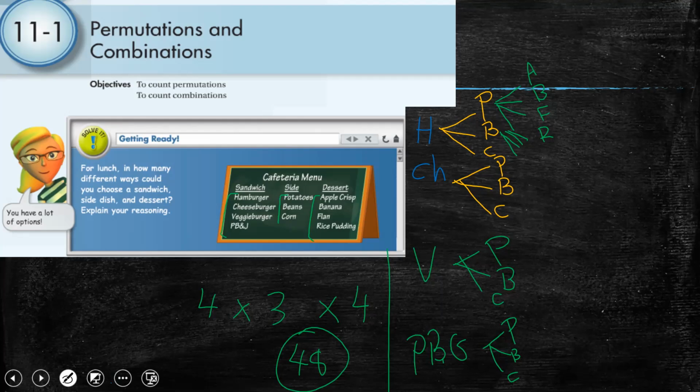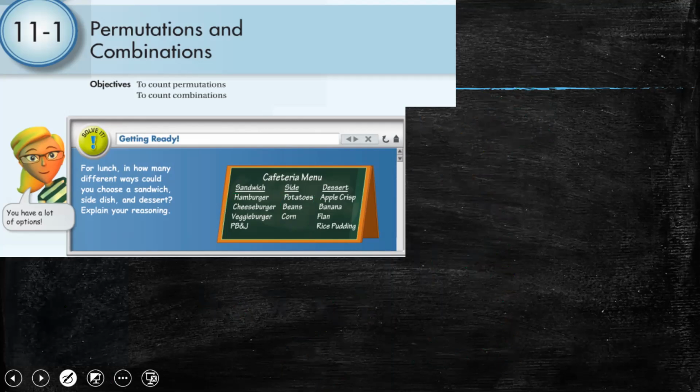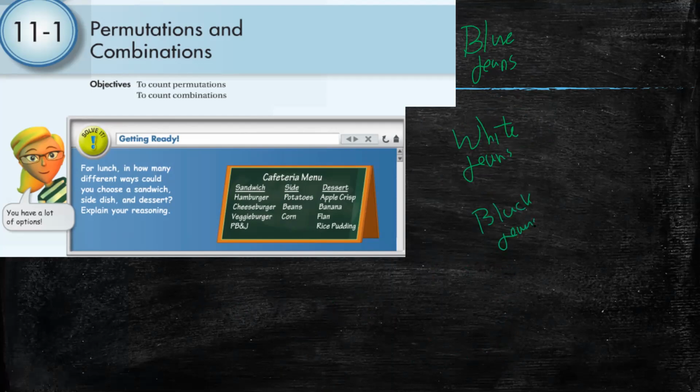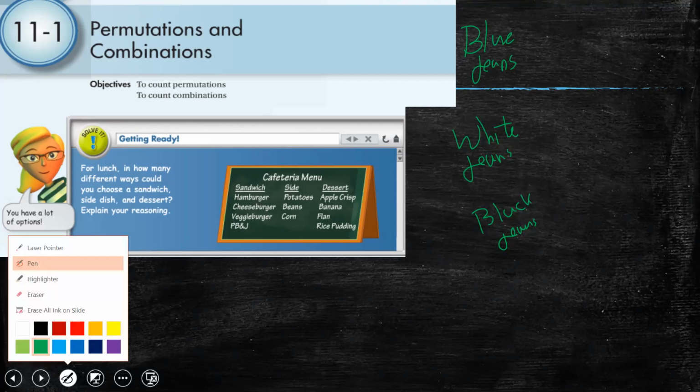Let's have another example. You wake up in the morning, and you have 3 pants: blue jeans, white jeans, and black jeans. After you have these 3 choices, you want to choose a t-shirt.